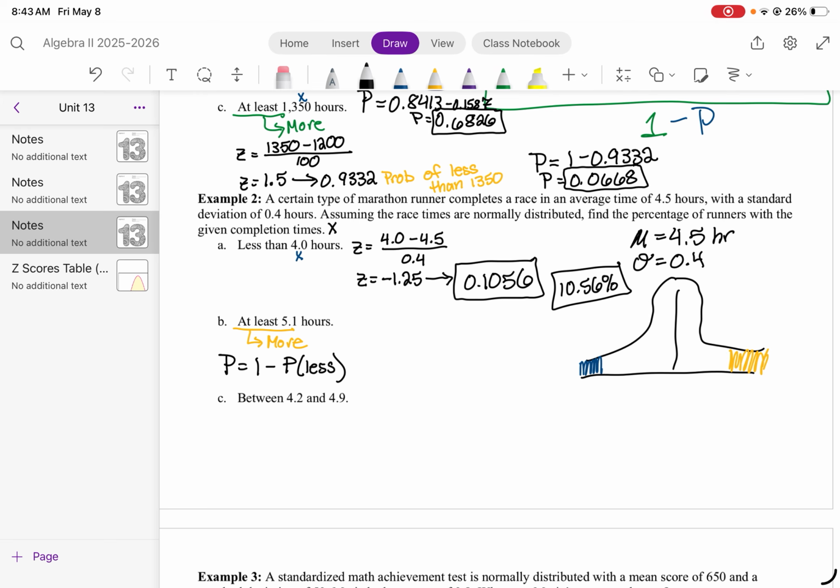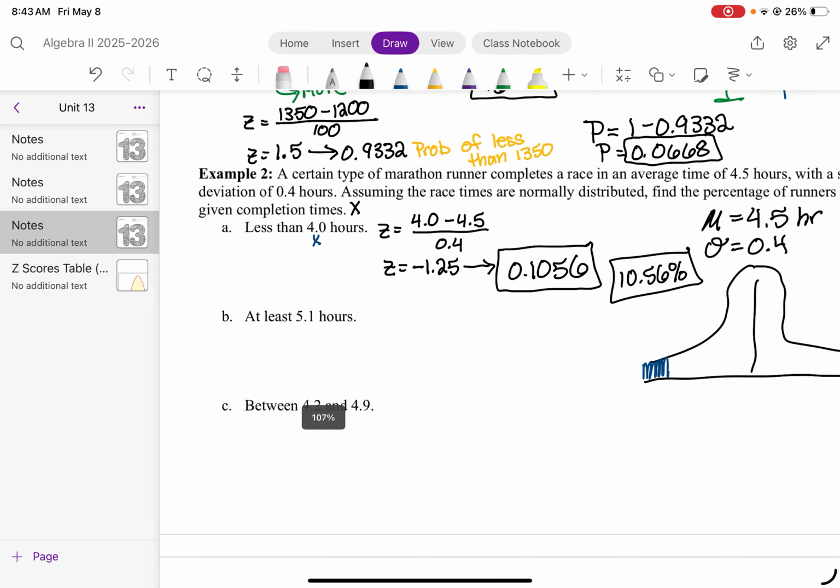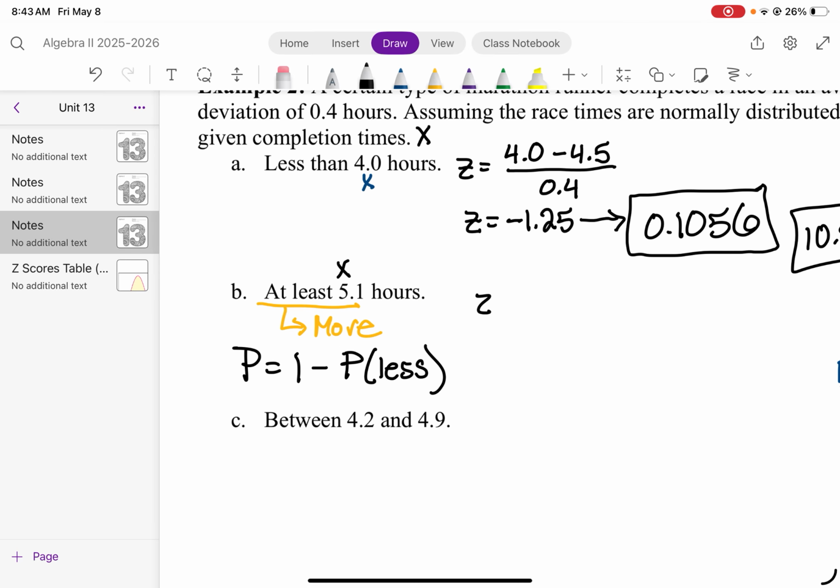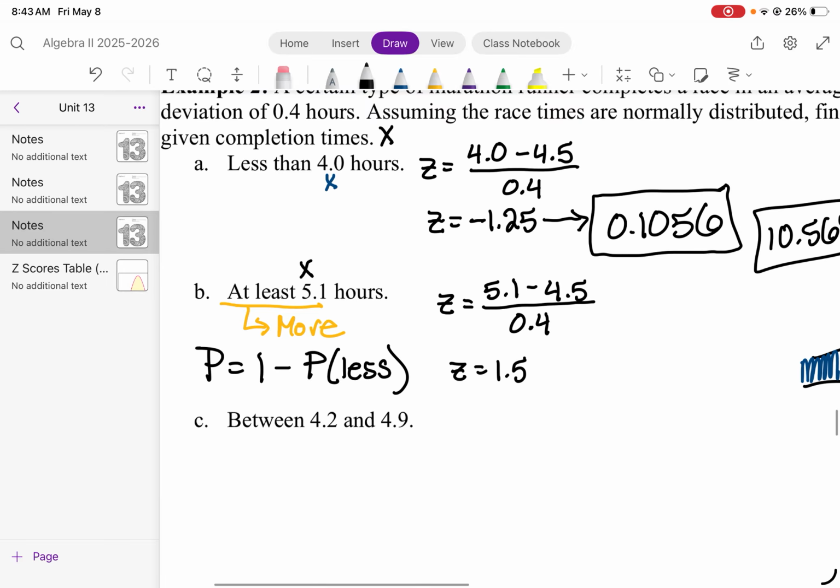Okay, so 5.1 is our hours. For your z-score, you would do z equals 5.1 minus the average, which did not change, 4.5, divided by our standard deviation, 0.4. Again, type that into your calculator. Make sure you type it in the correct way so that it gives you the correct z-score. And this one would be positive 1.5.